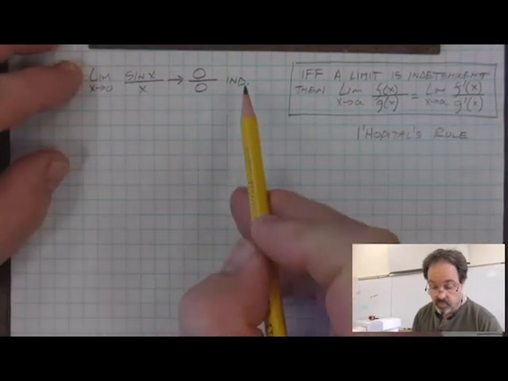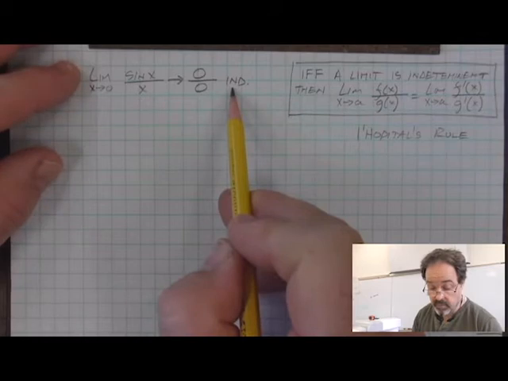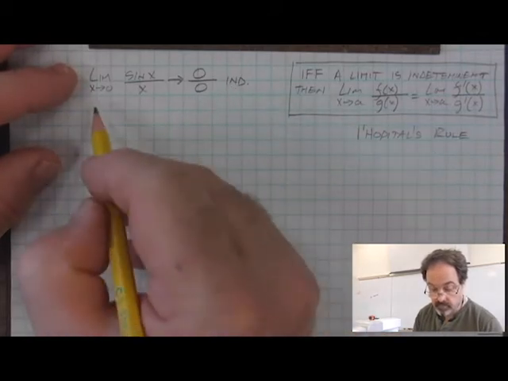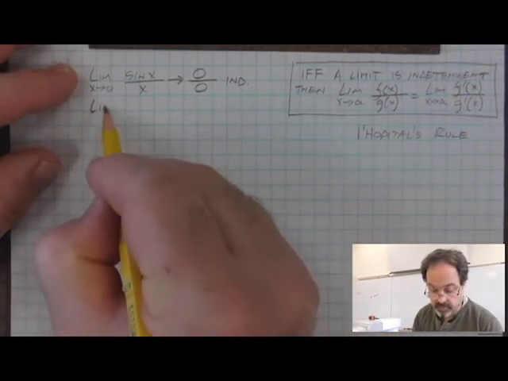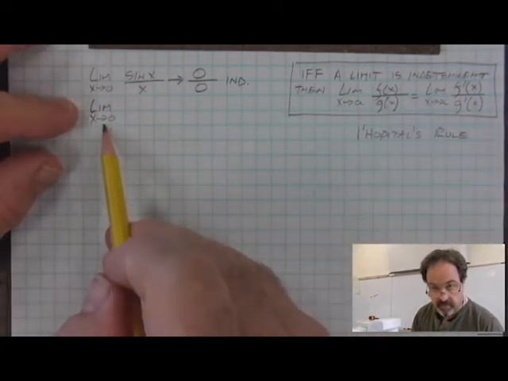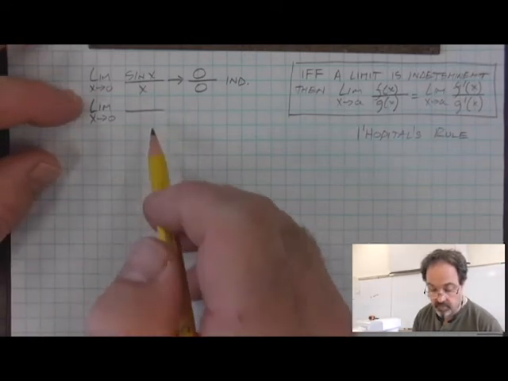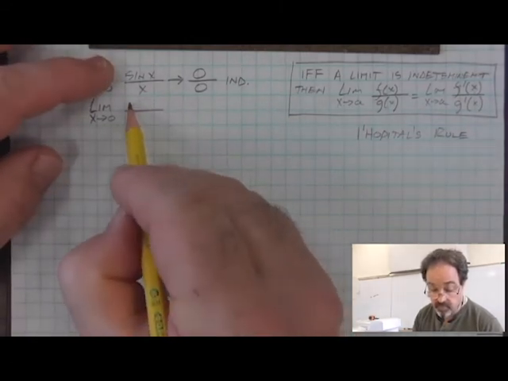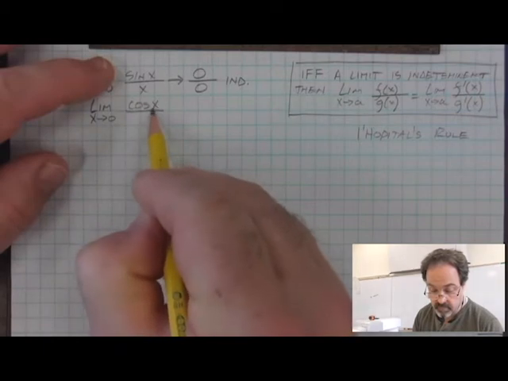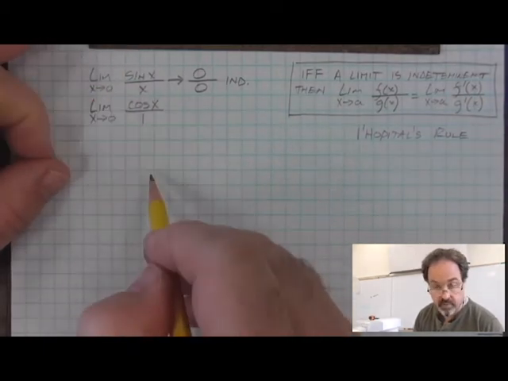Taking this limit, we discovered that it was indeterminate, so L'Hopital's rule applies. We can reattempt the limit by converting it. Same limit statement, but now the expression is going to be formed from the derivative of the numerator, which is cosine, divided by the derivative of the denominator, which is 1.